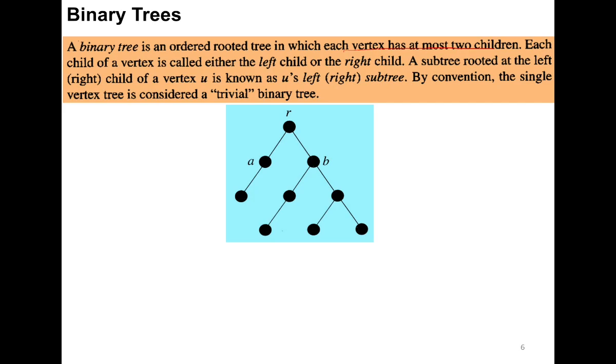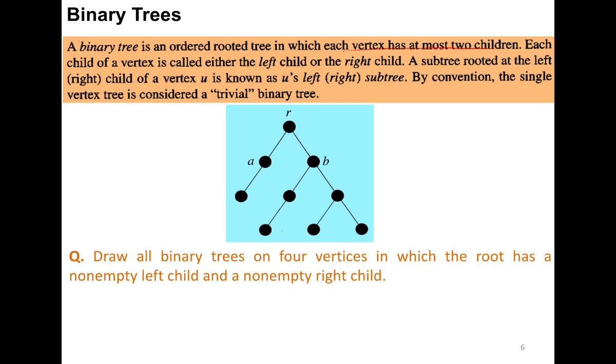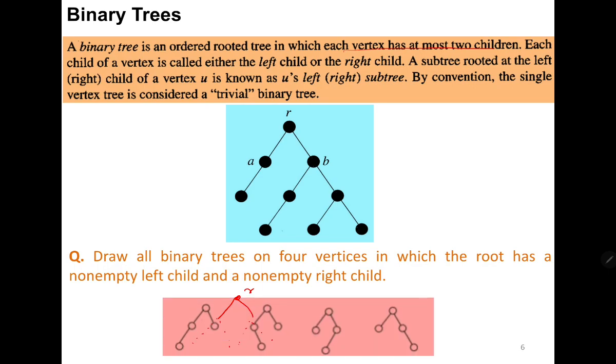So a binary tree is an ordered rooted tree where every vertex has at most two children. You can quickly try to draw all binary trees on four vertices when the root has a non-empty left child and right child. So this is the root, and the left and right children are fixed. Now there are four possibilities: either you can go this one or this one, this one or this one. So total four possibilities are there.